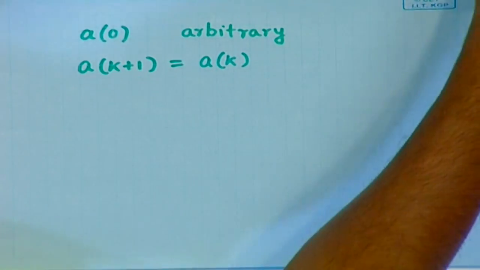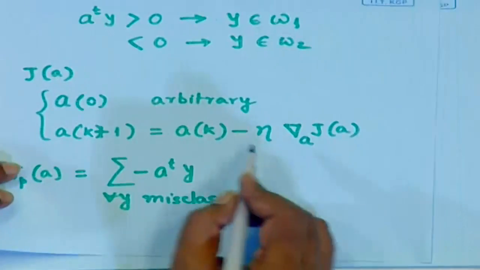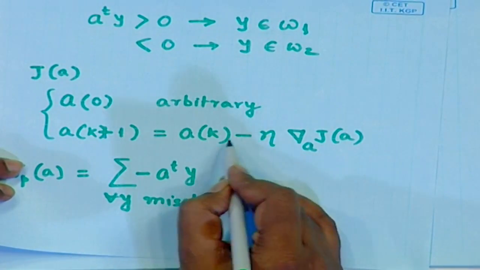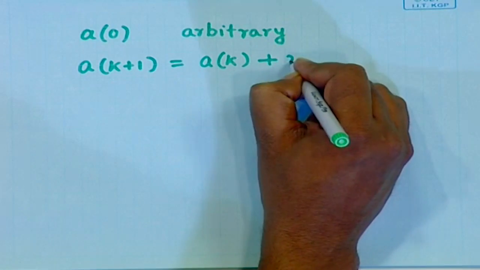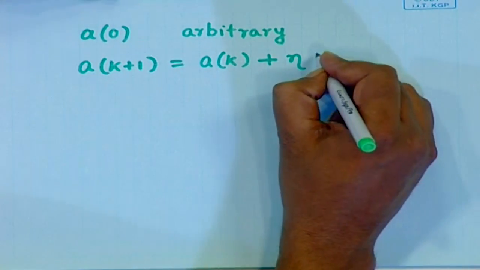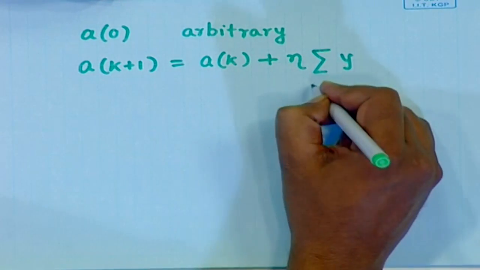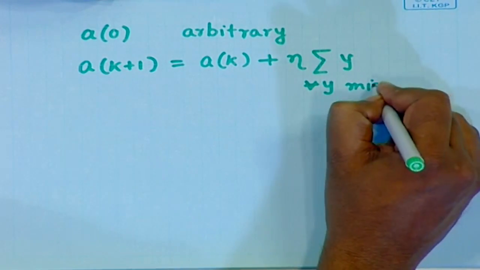Now, because this term is negative, minus A transpose y, over here this will become positive. So, instead of minus it will be plus. So, it becomes A k plus eta times, where eta is the convergence rate, summation of y for all y which are misclassified.